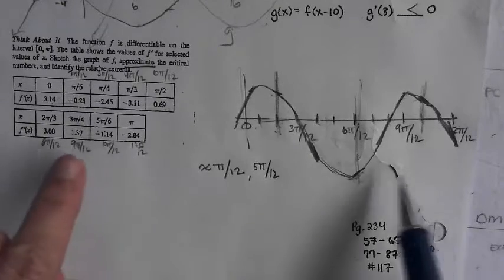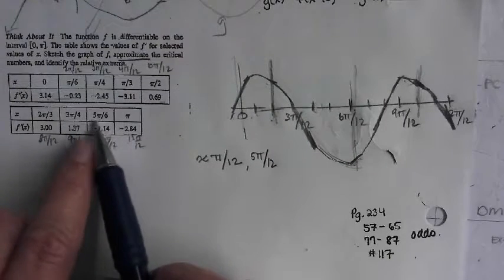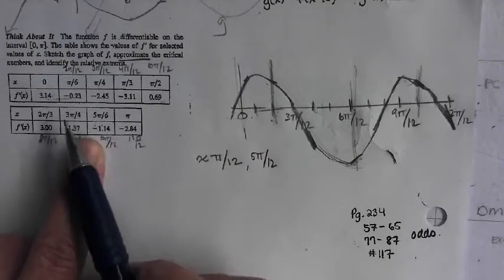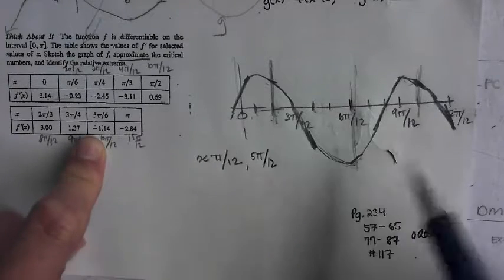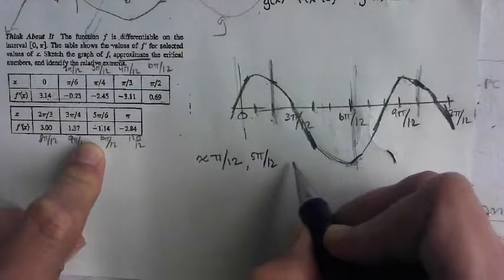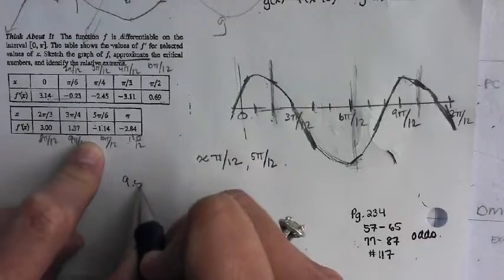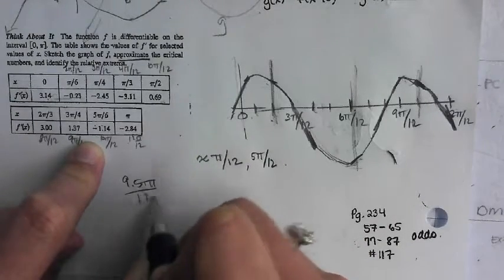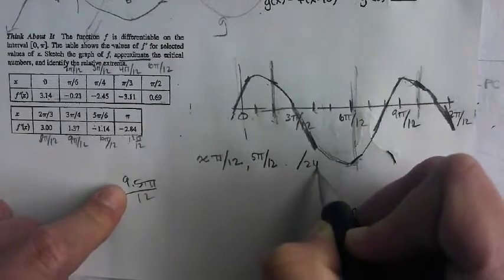Positive, positive, positive. Then we're negative again here. So somewhere between 10 pi over 12 and 9 pi over 12. Uh-oh, what are we going to do there? 9.5 pi over 12, which you can't do. You can't have decimals in there. So just multiply both by 2, so it would be 19 pi over 24.